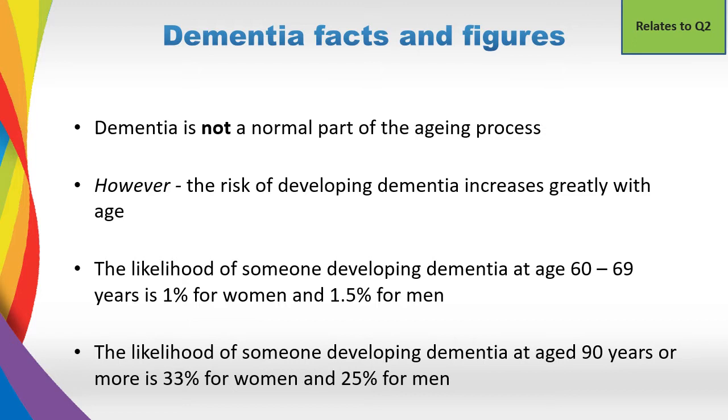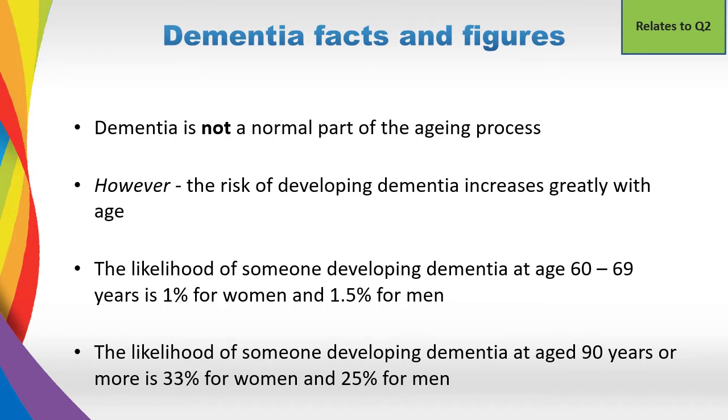So if we just have a look at those stats a little bit more closely, we can see that the chance of developing dementia for women is lower when they are younger, at age 60 to 69 at just 1%. And then at 90 years it leaps all the way through to 33%, which becomes higher than the risk for men.